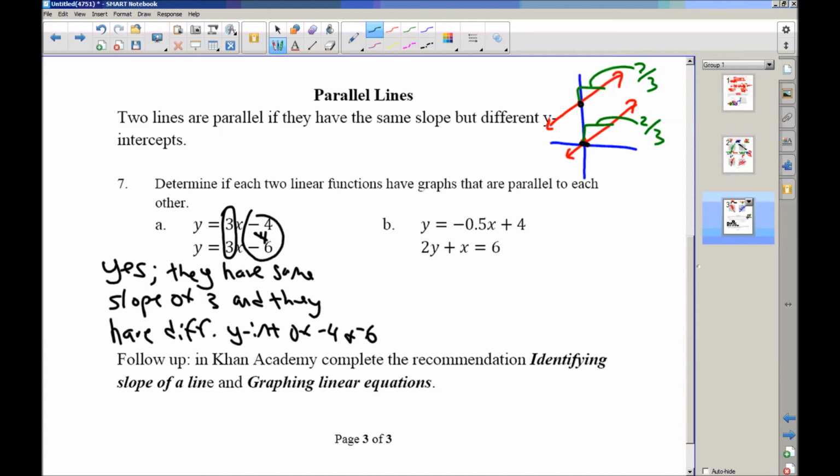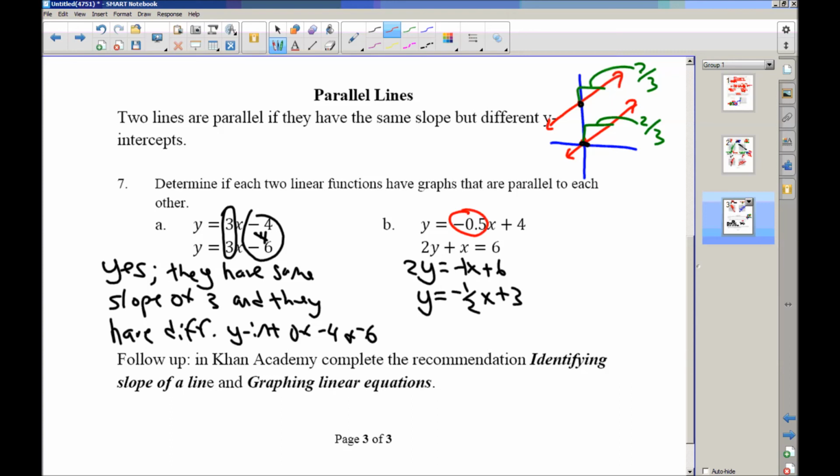Okay. All right, before we could do part B here, we got to solve for y. So I'll get 2y equals -x plus 6. Okay. And then I'll divide through by 2, and we're going to get -1/2 x, because remember it's a -1 there, plus 3. So are the slopes the same? And this is a yes.